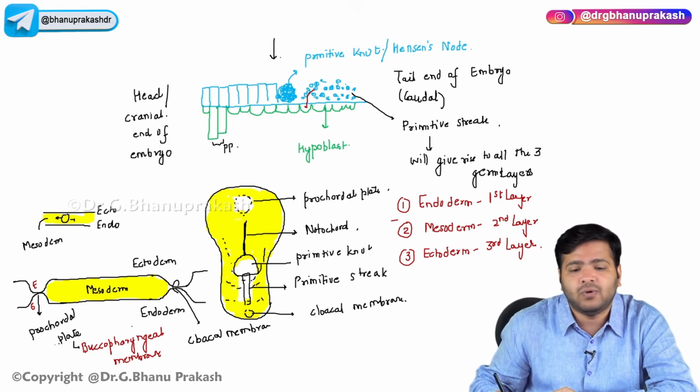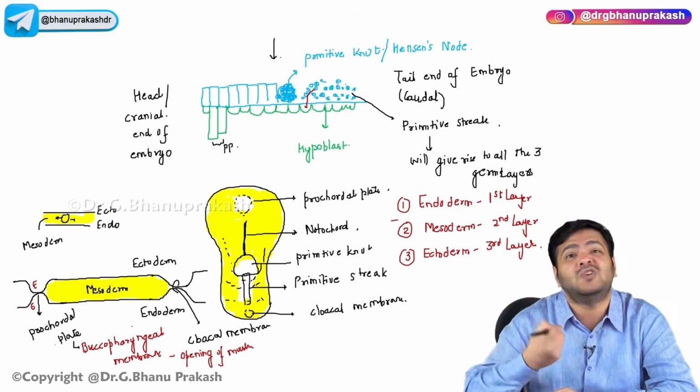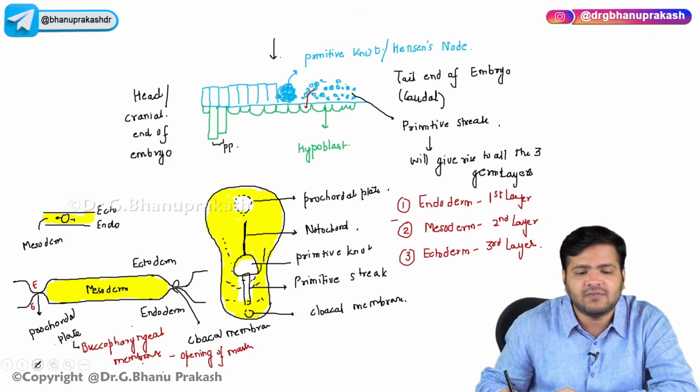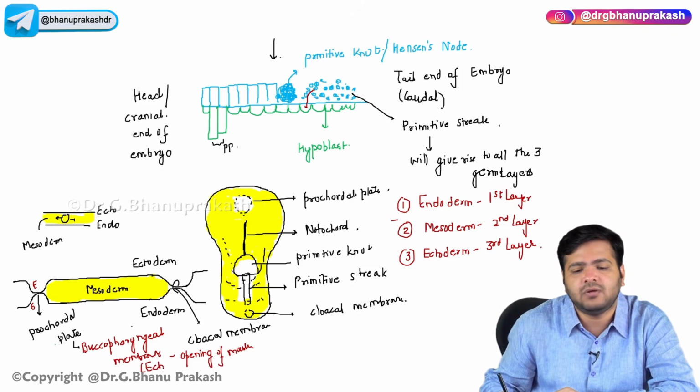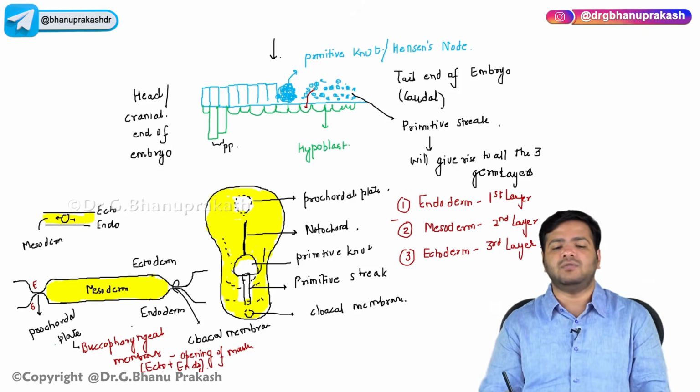The buccopharyngeal membrane will give rise to the opening of the mouth, and anything which has to rupture, if it has fewer layers, will rupture easily, right? So that is why the buccopharyngeal membrane is made from ectoderm plus endoderm.